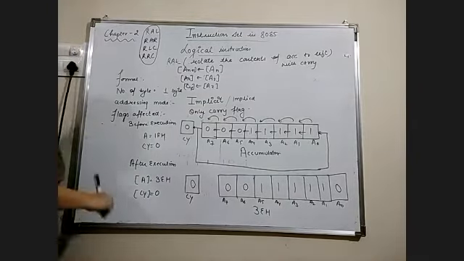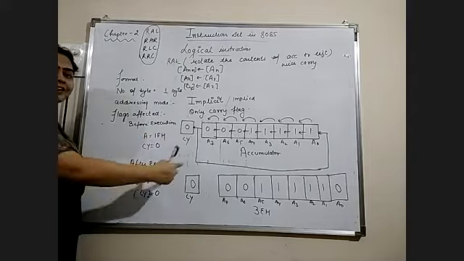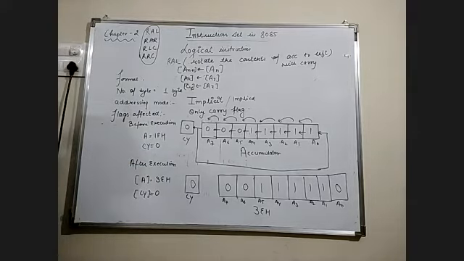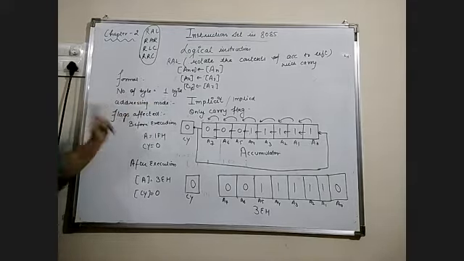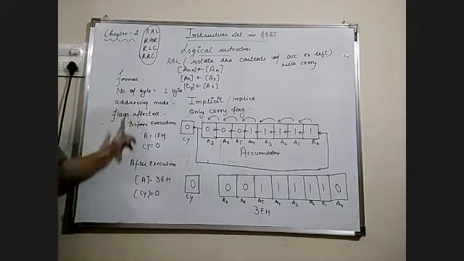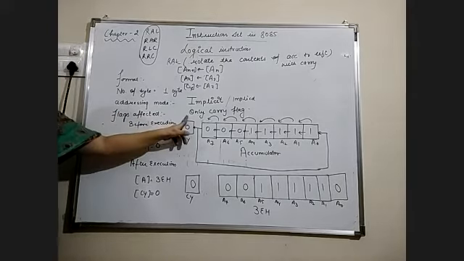So the value of carry flag will be rotated with the contents of the accumulator. In this case, carry flag is also included. According to this instruction, the number of bytes remains same, addressing mode remains same, flag affected remains same.